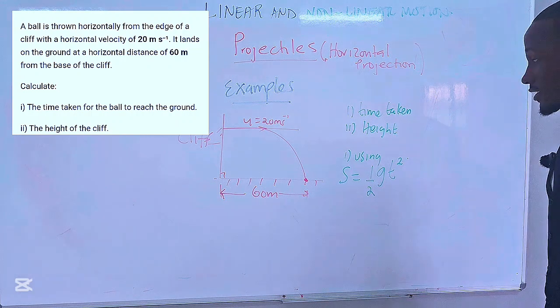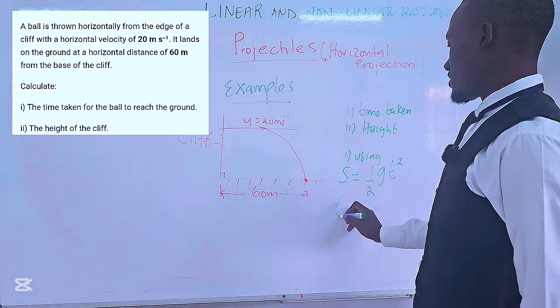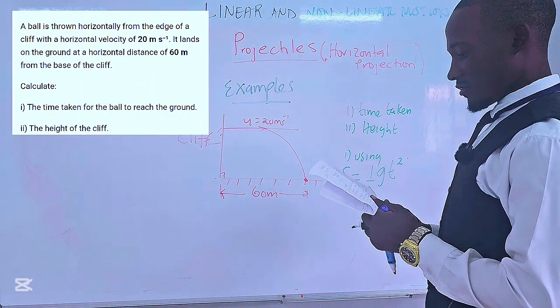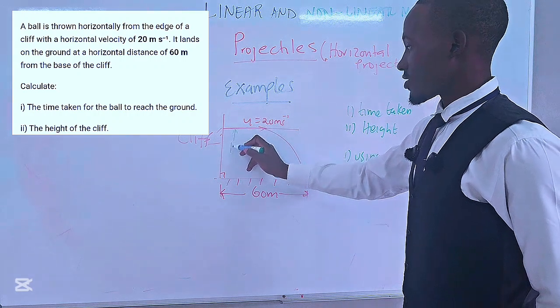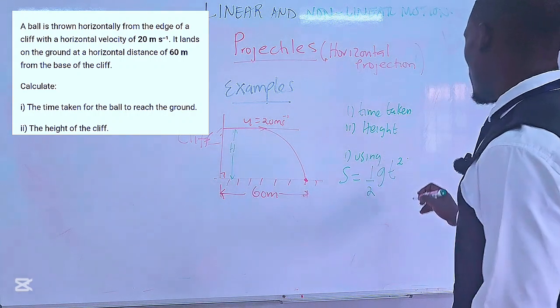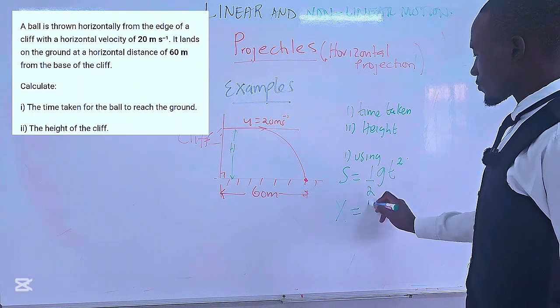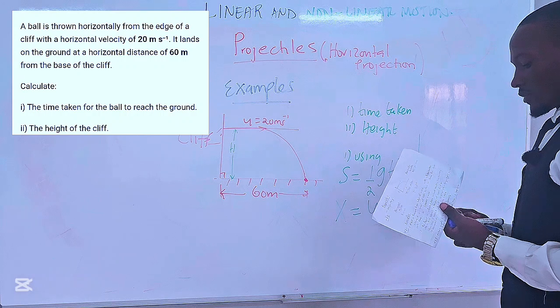We have already seen that. So my displacement is 60 meters, I don't have the vertical displacement. I don't have this here. So I'm going to be using a combination of the two equations to make sure I get these two.